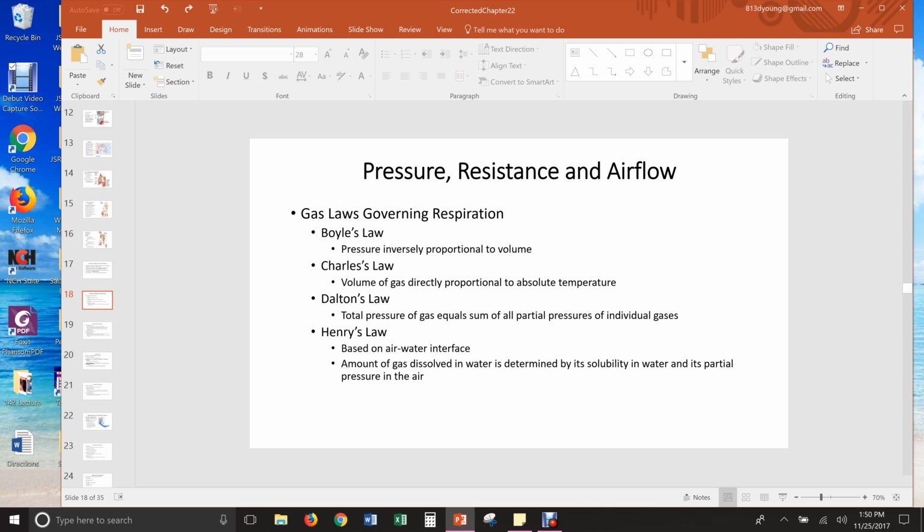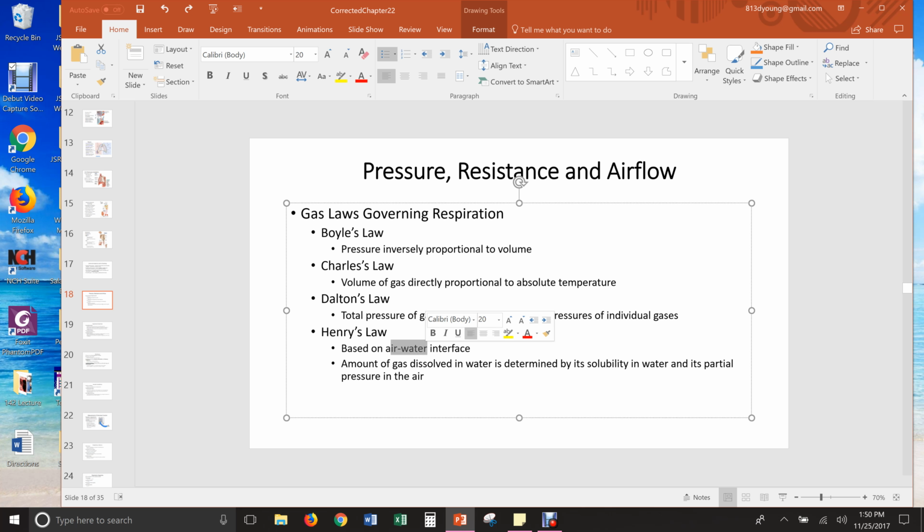I will not ask you to do any of the math, but note that with the gas laws, we have pressure and volume, volume and temperature, and volume and total pressure, and then Henry's law, which is going to give us information about an air-water interface.